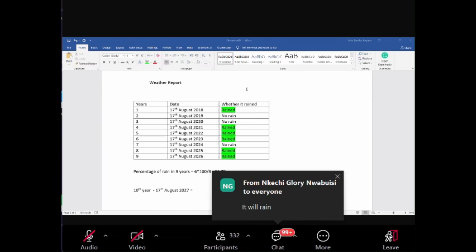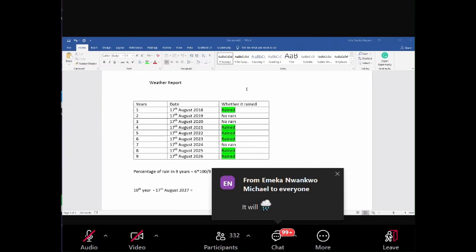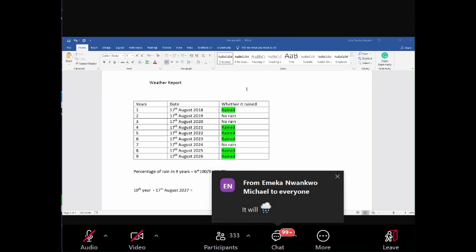Most of us will look at the weather report telling you it will rain today, and it now rained, and you're like, how did he know? This thing is so accurate. Oh, it is accurate because of the data.